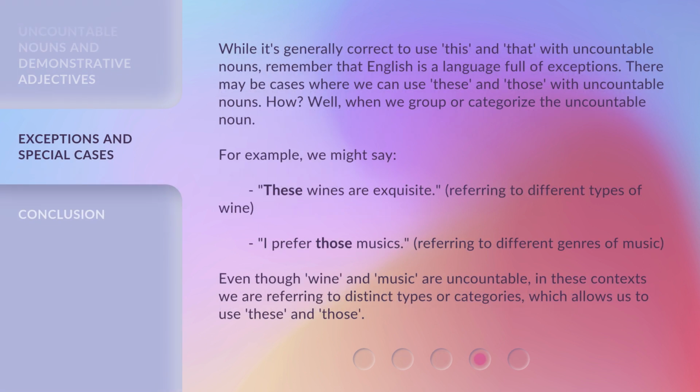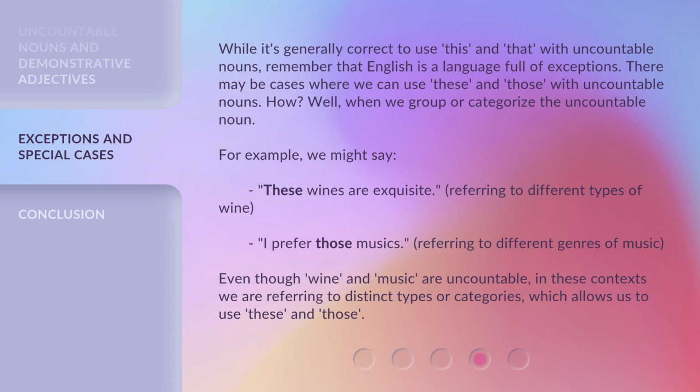While it's generally correct to use this and that with uncountable nouns, remember that English is a language full of exceptions. There may be cases where we can use these and those with uncountable nouns. How? Well, when we group or categorize the uncountable noun.